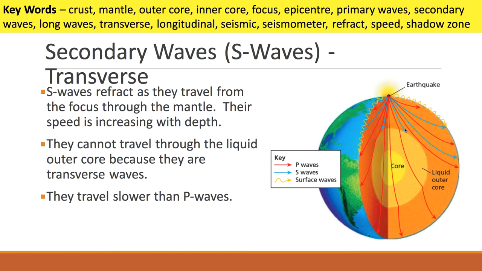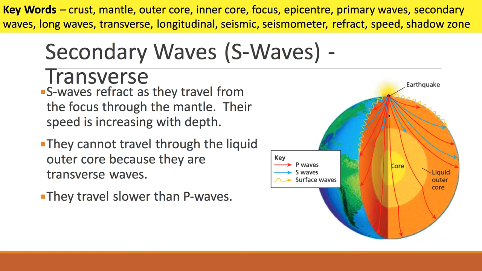But the S waves don't make it over here. There is an earthquake shadow over here for the S waves. Now that tells us there's something different in here. That means the S waves can't travel through it. It tells us that there's liquid in there. So we know that there is a liquid core.